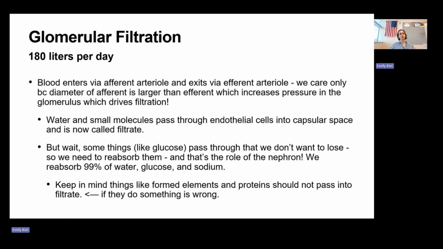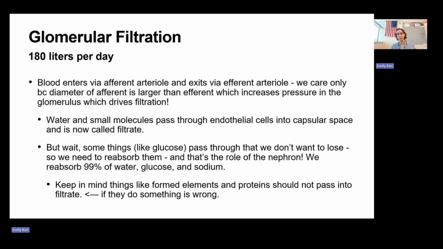So glomerular filtration, that is 180 liters per day. That is a lot. And it occurs when blood enters that afferent arteriole and exits the efferent arteriole. And again, that afferent arteriole has a larger diameter than the efferent arteriole. The pressure is going to be increased, and that's going to push that fluid through those membranes to drive filtration.